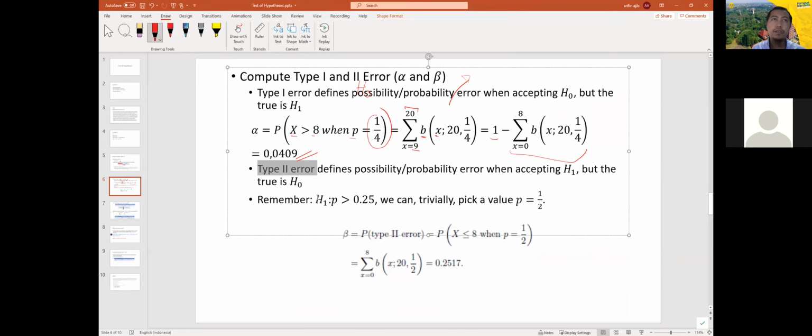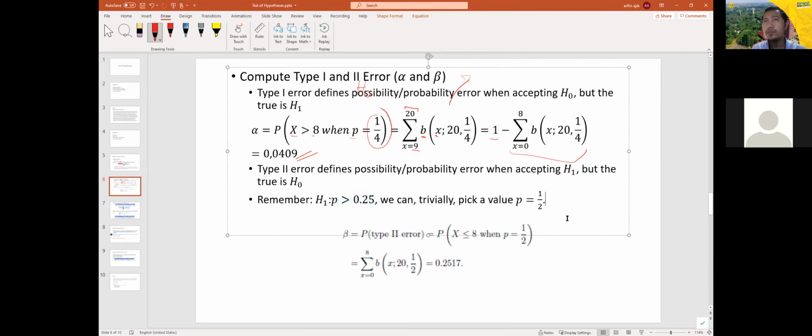Remember that the alternative hypothesis says that the probability is greater than 1/4, greater than 25%. So we can trivially pick a value greater than 25%. So let's say 50%. So we can put it here.